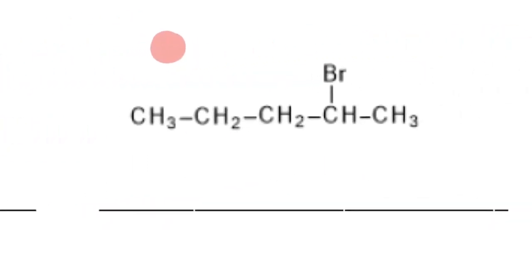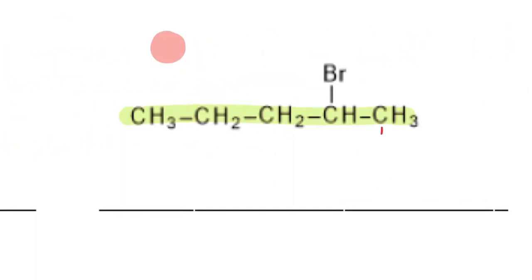Let's move on to the next molecule. What is the number of carbons in the longest carbon chain? How many? Let's put it in the chat. Excellent job, 5. So I need to start numbering this from the end that is nearest a substituent.